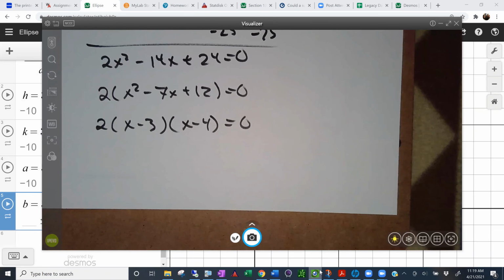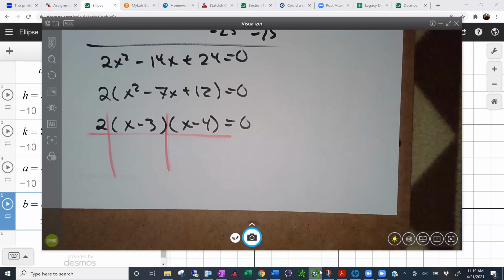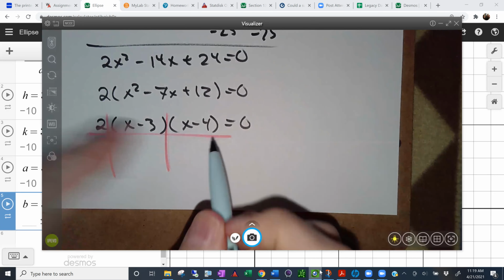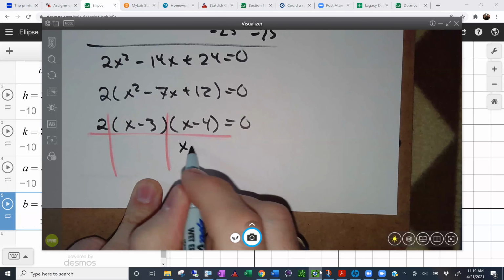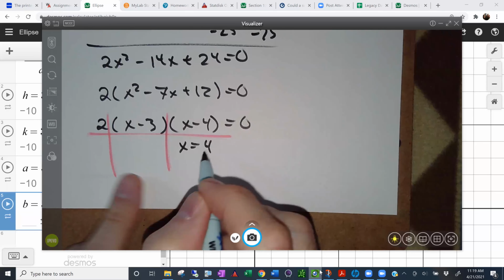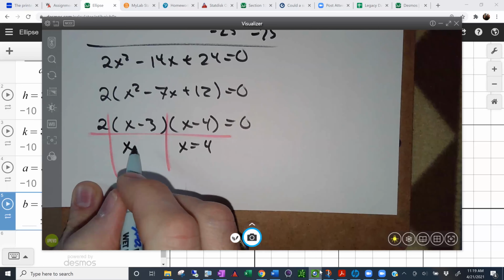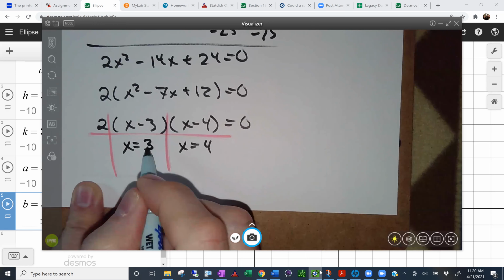You've got the product of 3 things that equals 0. So where does x minus 4 equal 0? What value of x? 4. Where does x minus 3 equal 0? 3. Can 2 equal 0?